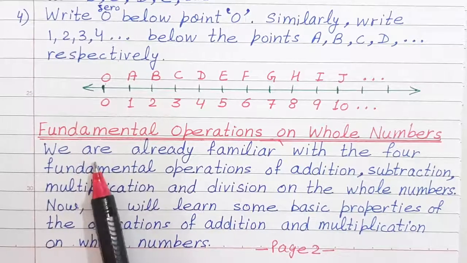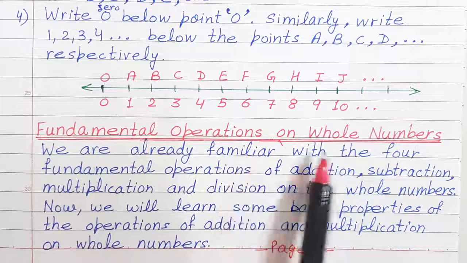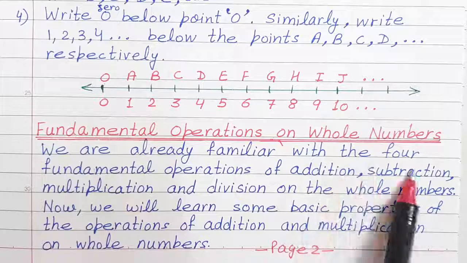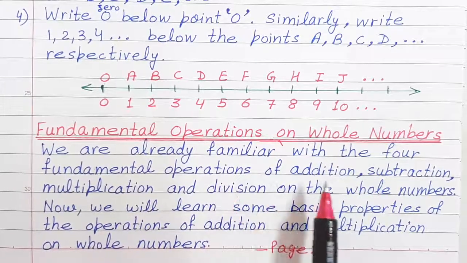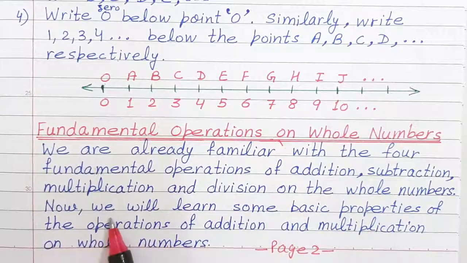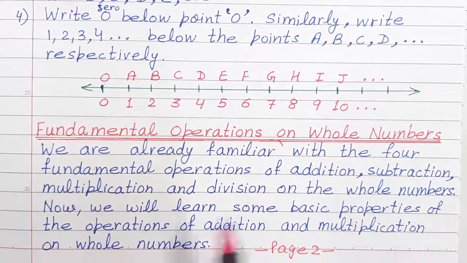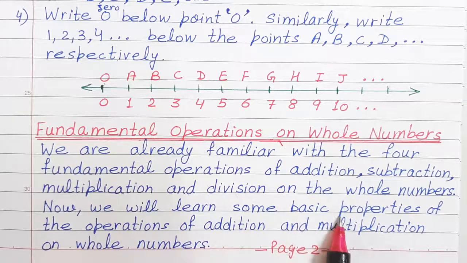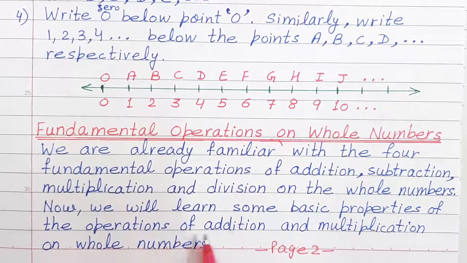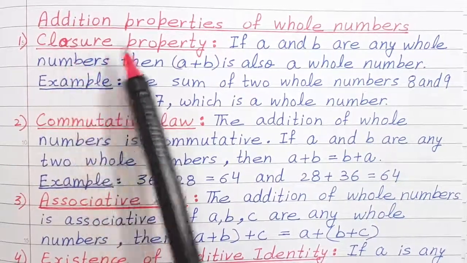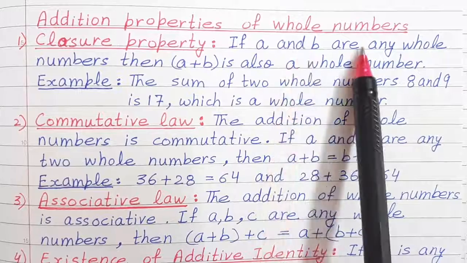Now let us discuss fundamental operations on whole numbers. We are already familiar with the 4 fundamental operations of addition, subtraction, multiplication and division on the whole numbers. Now we will learn some basic properties of operations of addition and multiplication on whole numbers. So first of all, let us discuss addition properties of whole numbers.